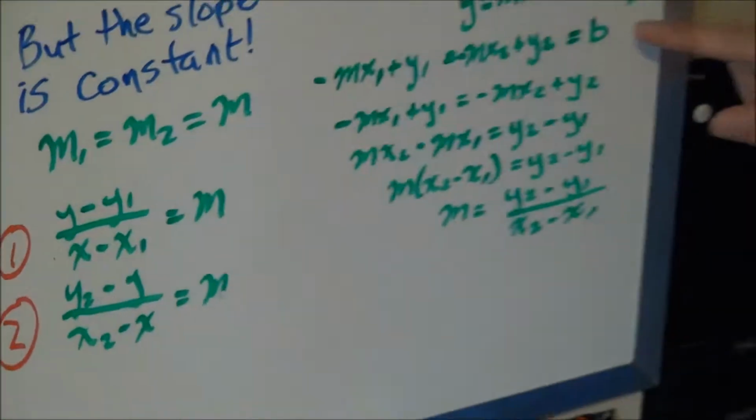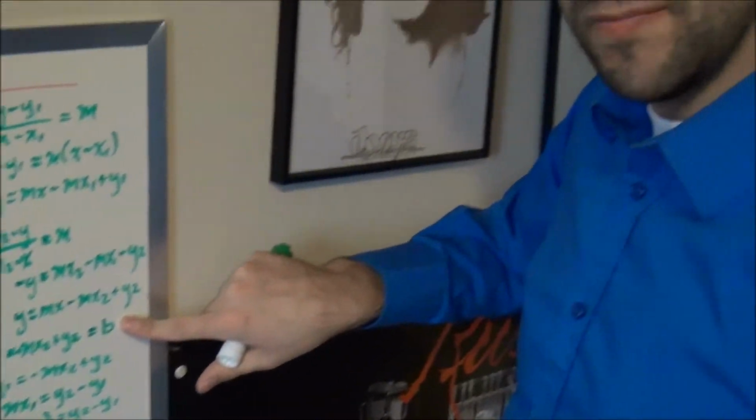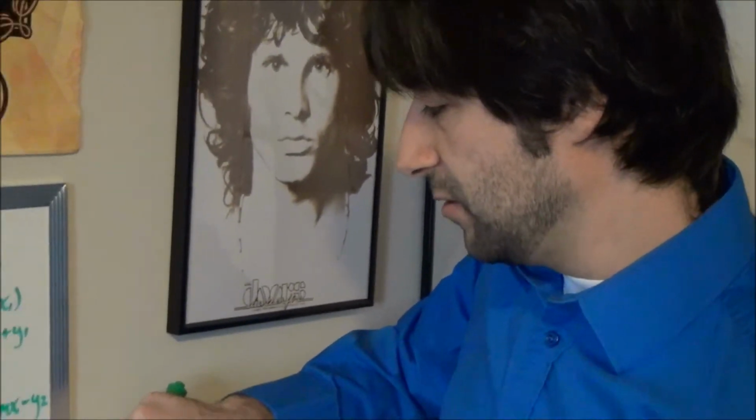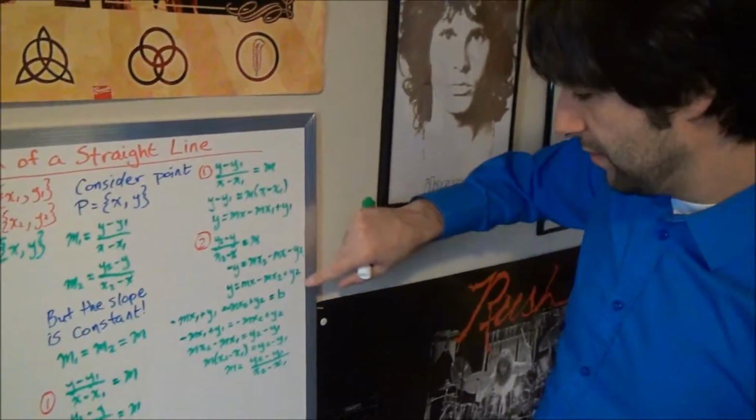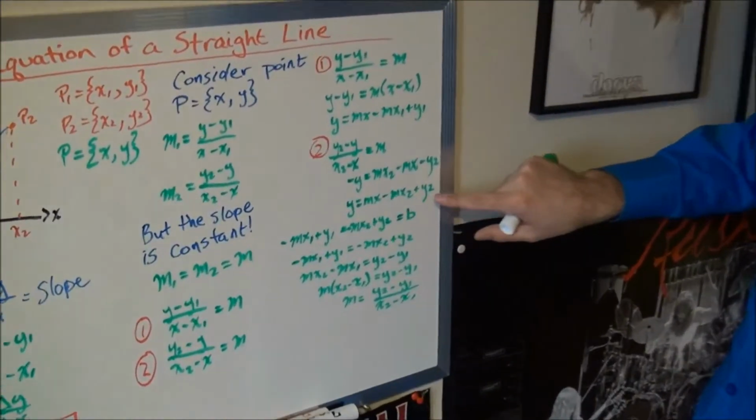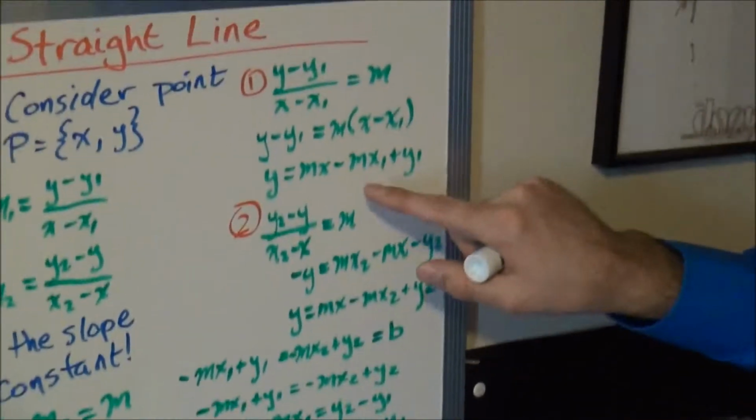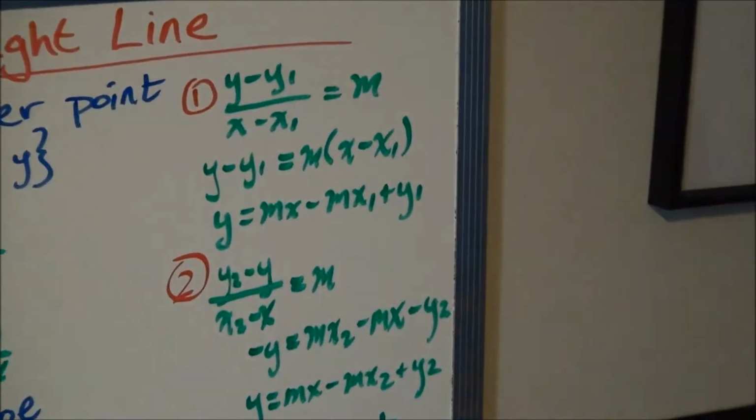Now that we have shown this line is true, we are free to substitute b in for either minus mx2 plus y2 or for minus mx1 plus y1.